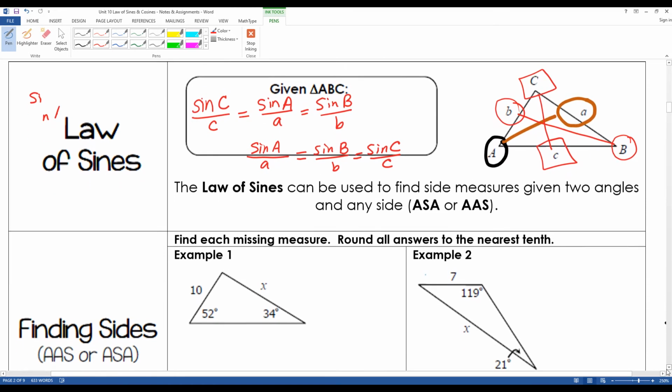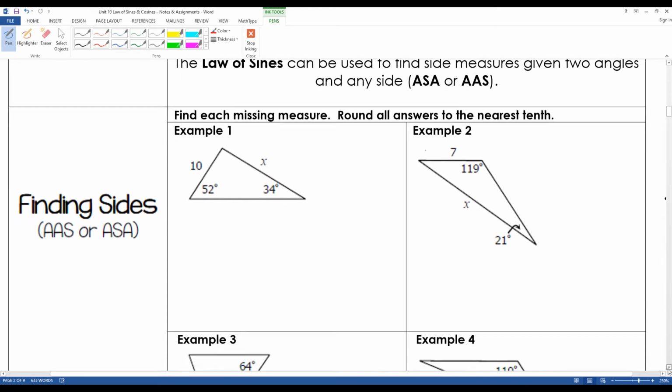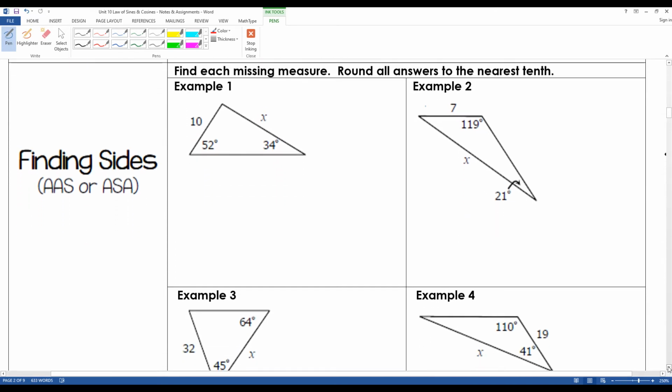So we're going to do a lot of the same thing over and over. Let me show you. In example 1, we take our angle. You have to make sure that you have the side that matches with that angle. I'm looking for x, but I do have the angle and the side matching up.